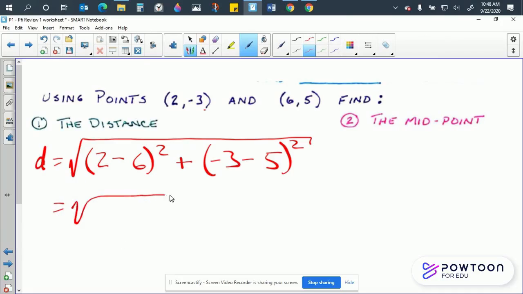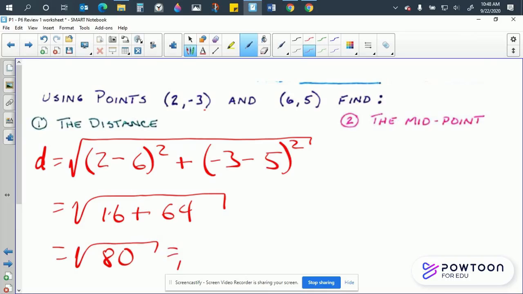So now we have the square root of 4 squared, 16 plus 64, equals the square root of 80, which is 4 times the square root of 5.